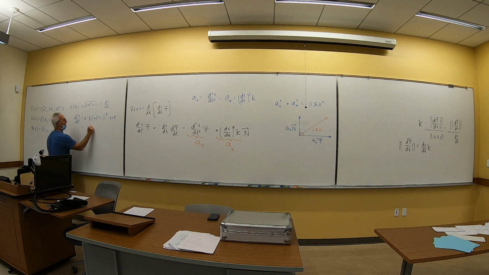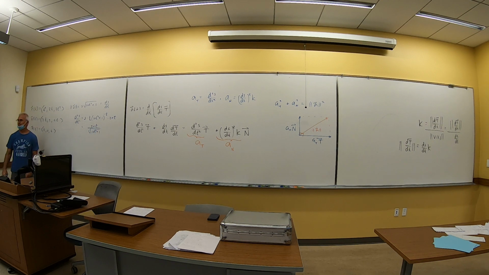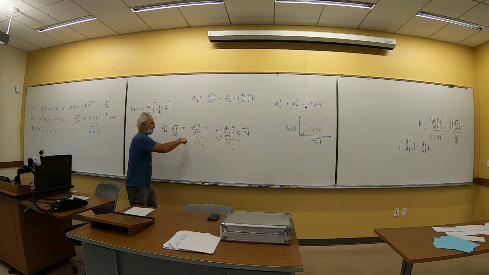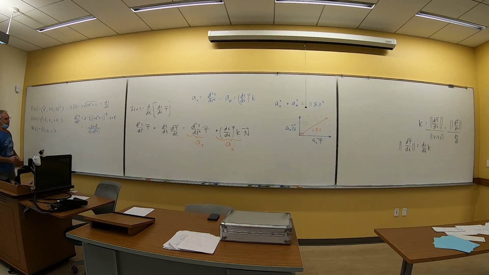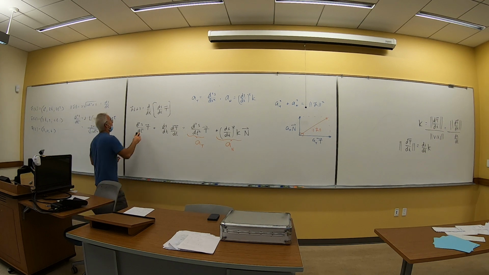So when all is said and done, I think we're going to get 20t over the square root of 10t squared plus 1. Not the worst thing ever. That wasn't that bad. Where does this go? Right here. Okay? Now, let me erase some of this.